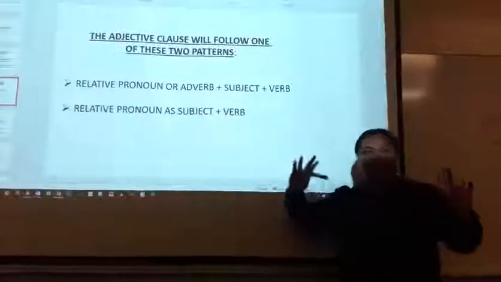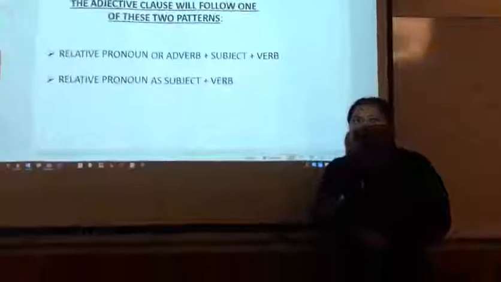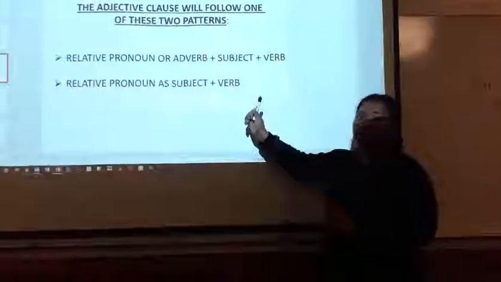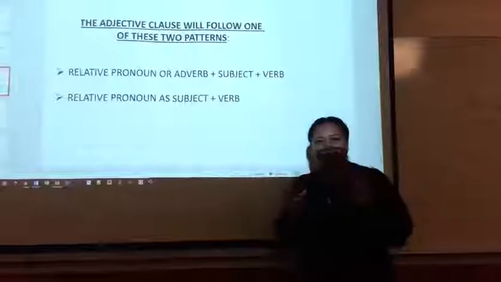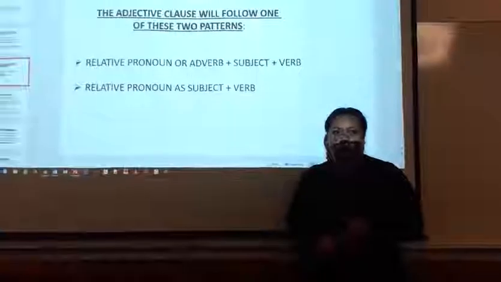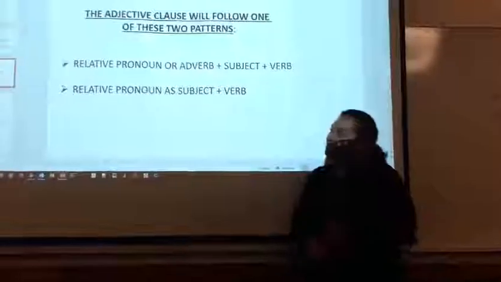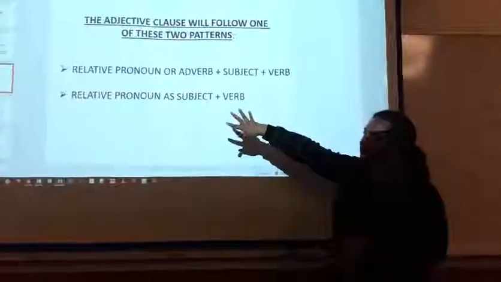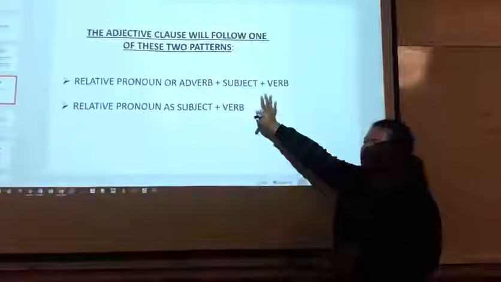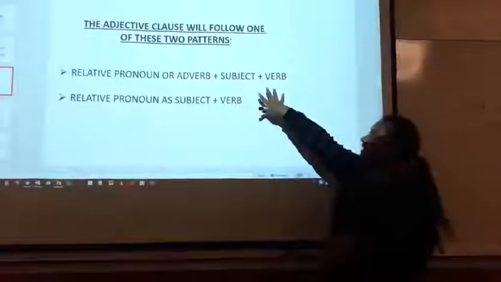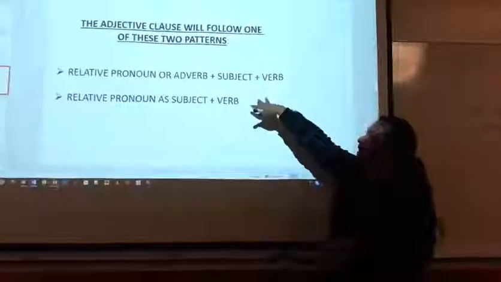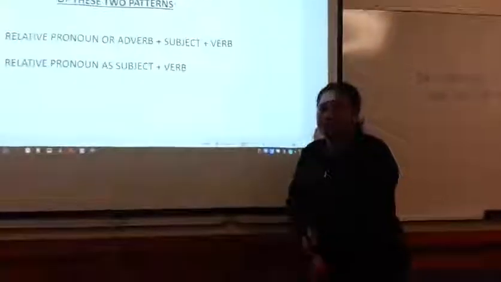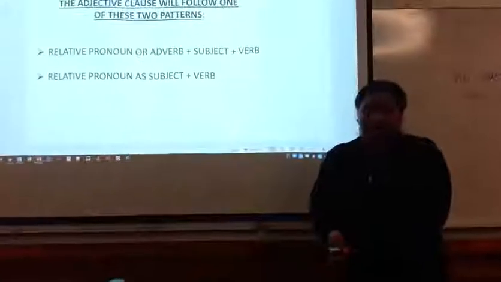You have to understand when to put the comma, and how to tell a non-essential clause from an essential clause. So you have to study this pattern. It's simple: the relative pronoun or adverb goes together with the subject and the verb. And the other one is a relative pronoun as subject that goes together with a verb.